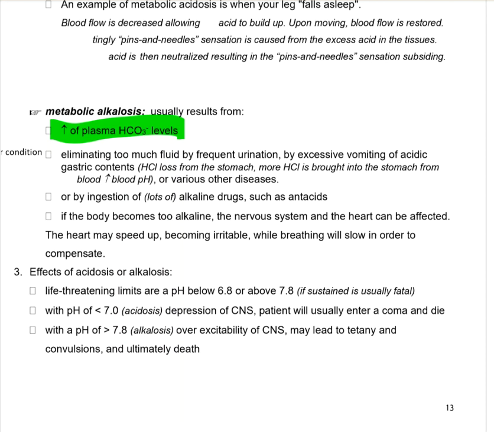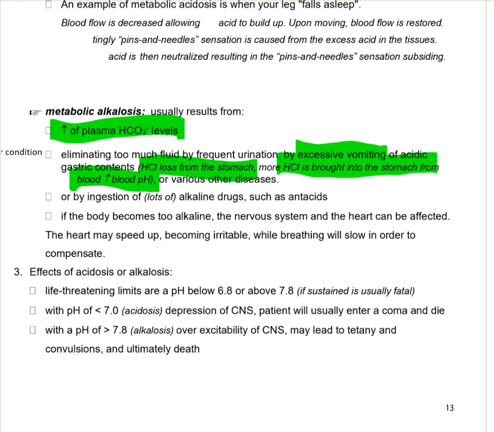That could be due to excessive vomiting. Why? Well, we're going to lose a lot of hydrochloric acid. And as we make more of it, that's going to make the amount of bicarb look like a higher ratio because we're taking out so many hydrogen protons from the blood. So that kind of shifts the equation a little bit.